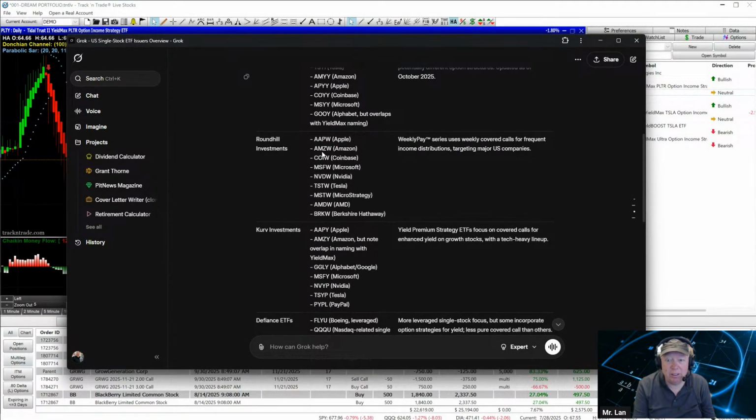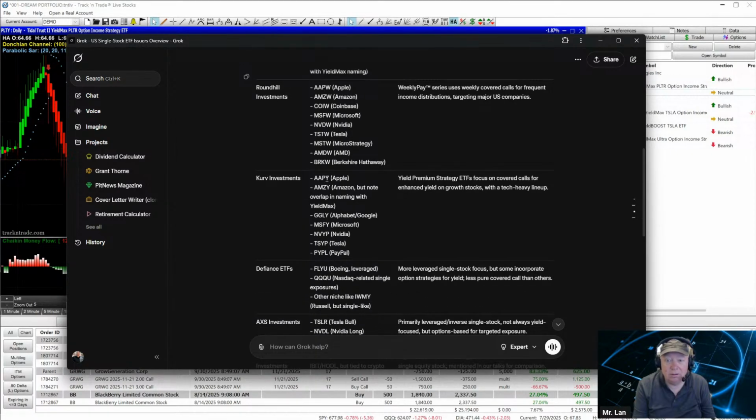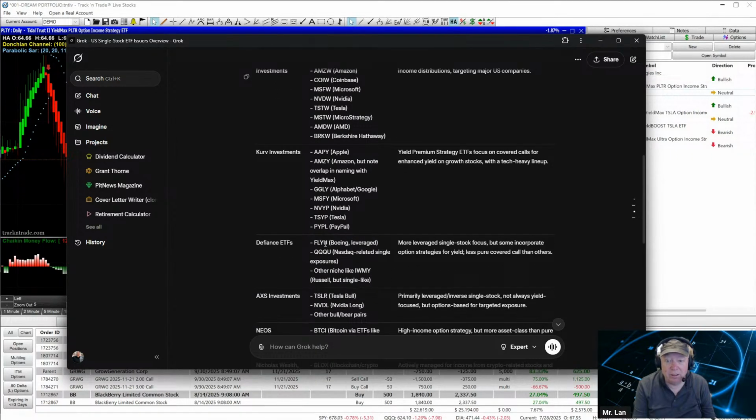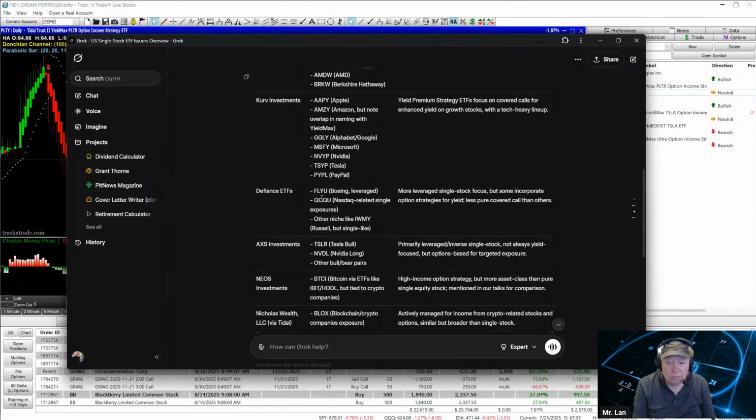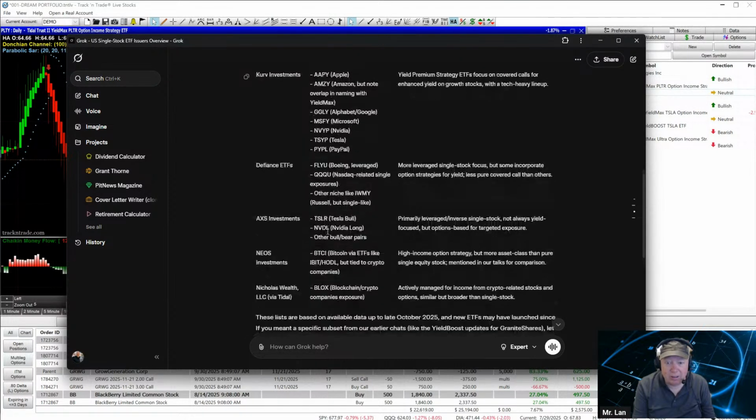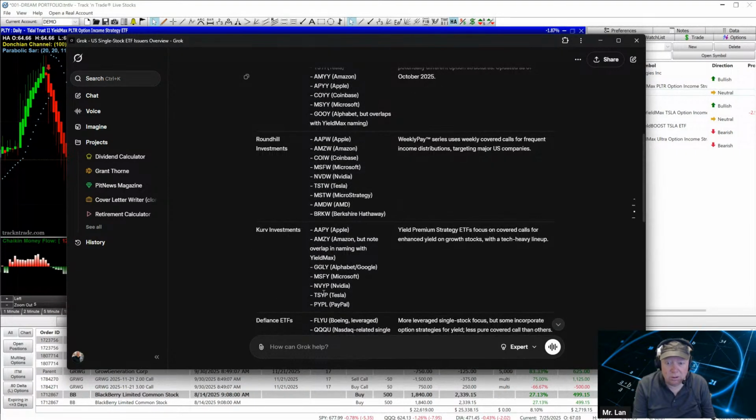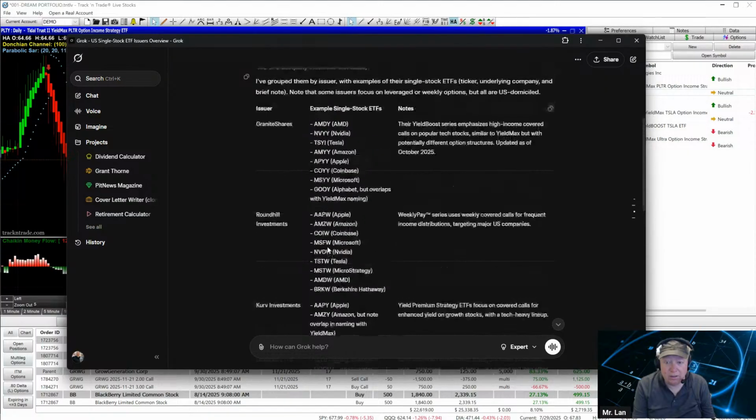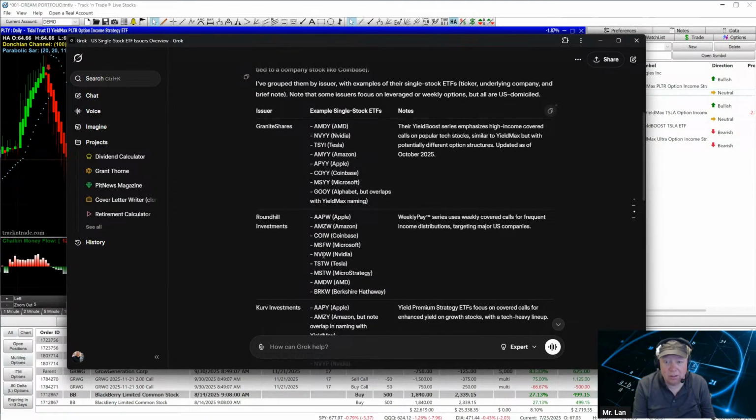They don't have a Palantir either. And then Curve, they don't have a Palantir. Defiance doesn't have a Palantir. AXS doesn't have a Palantir. They've got Tesla. Neos doesn't have Palantir. So the only one that has Palantir right now is YieldMax.